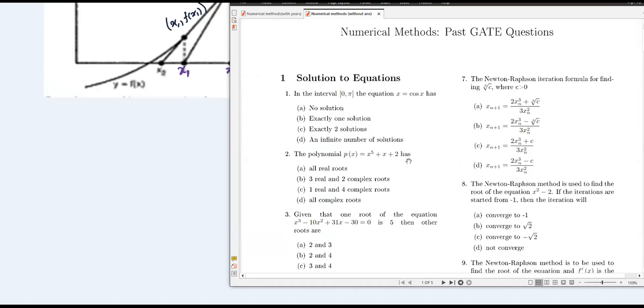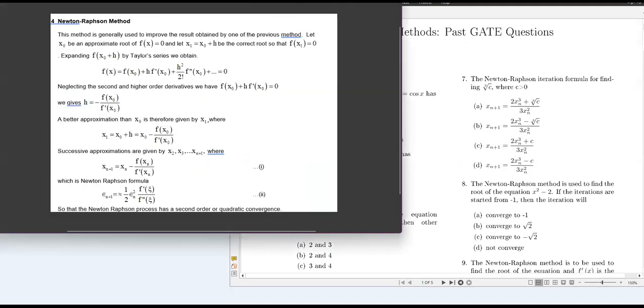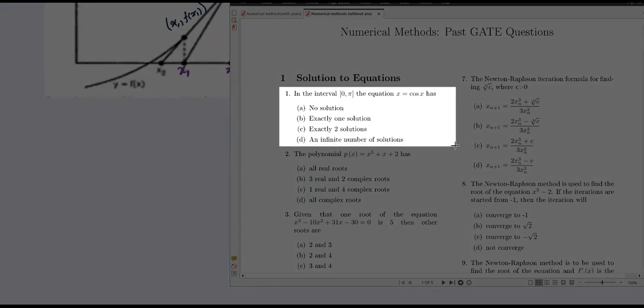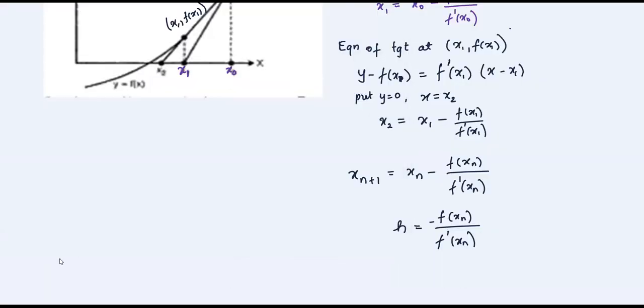Some of them are common sense, some of them are roots, but we need to practice all of them. Practice problems.